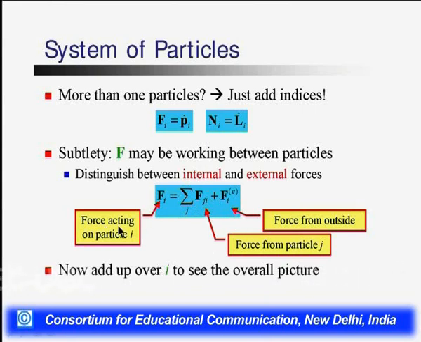Then the force acting on a particle i, we take as the summation over j, where j are the particles which exert a force on the particle i, plus we add the external force which is applied to the system. That's why we define the force Fi is equal to summation over j of Fji plus Fie.